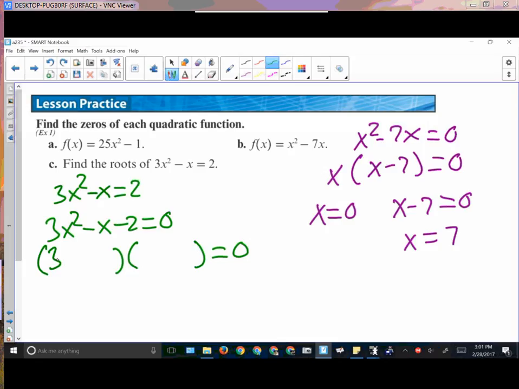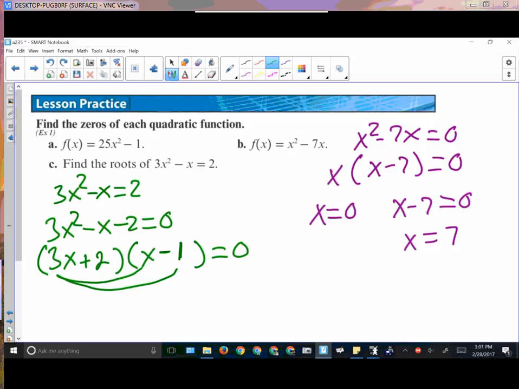I know I have to have a 3, and I am going to need that 2. But if I've got my x here and an x here, that's great. That'll get me to 3x squared. But when I multiply over here, that would give me something else. I can't have that 2 here. This has to be a 1. Now, I need to have this to be a negative 3, so that means the negative goes here. This here is going to be a plus 2.